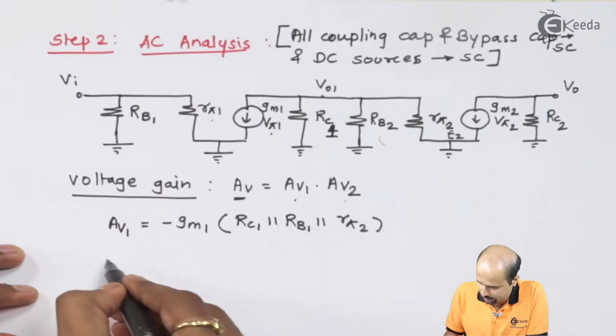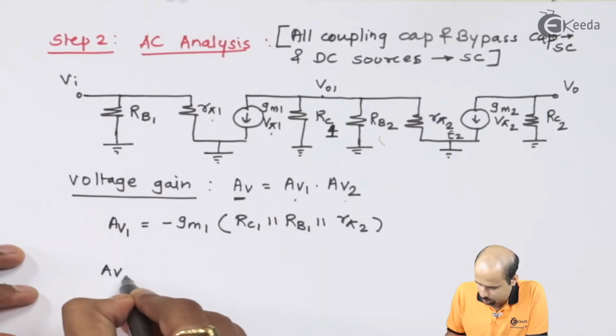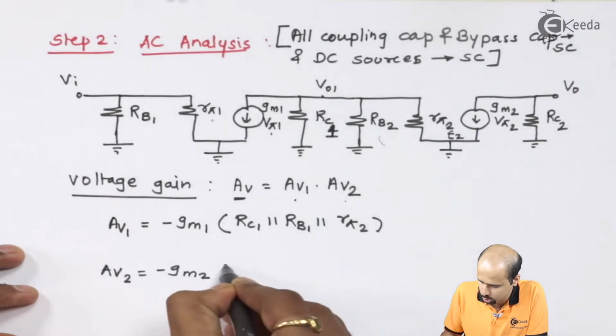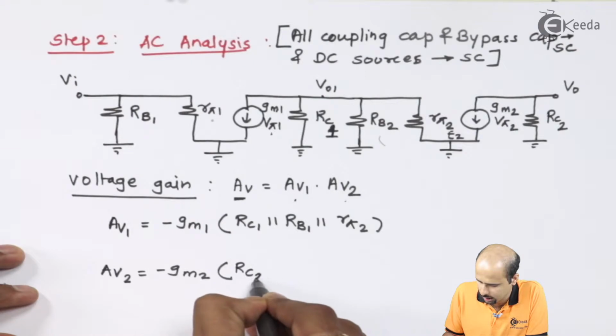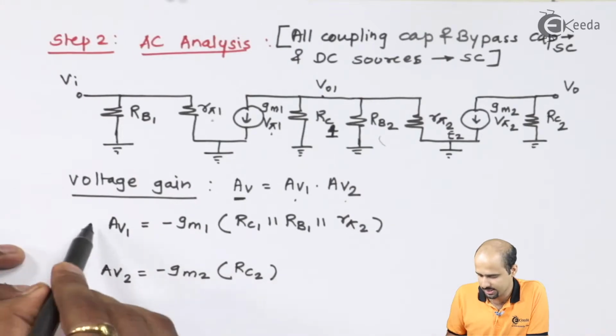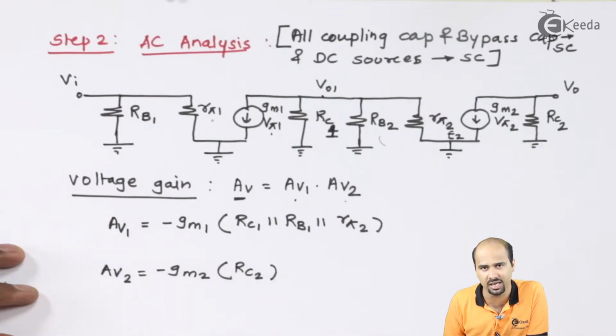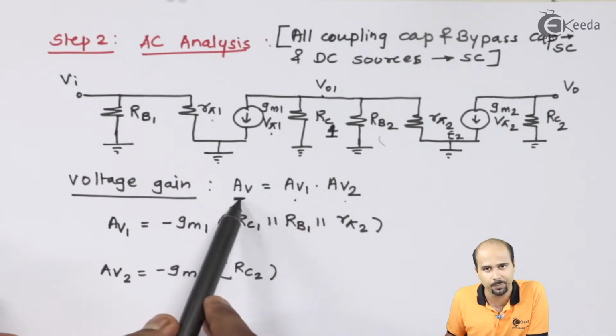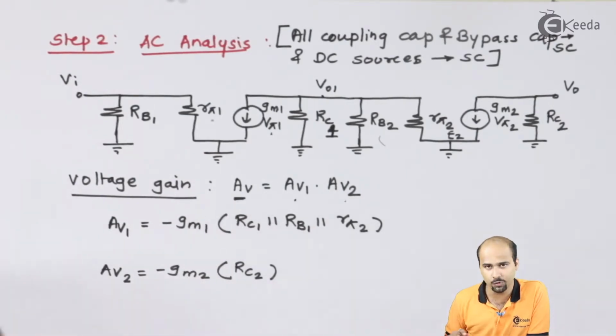Similarly, the value of AV2 is equal to minus GM2 into RC2, because load resistance is not given, so I just write RC2. The product of AV1 and AV2 will give me the value of AV.